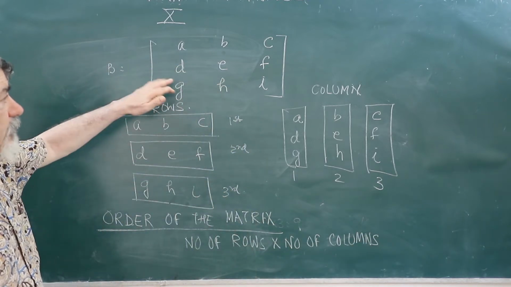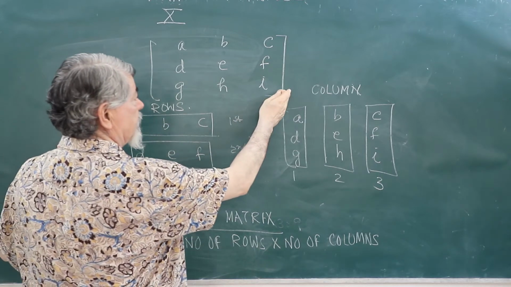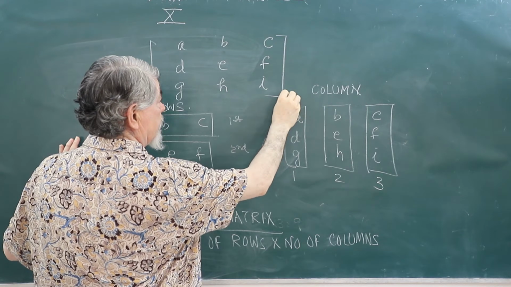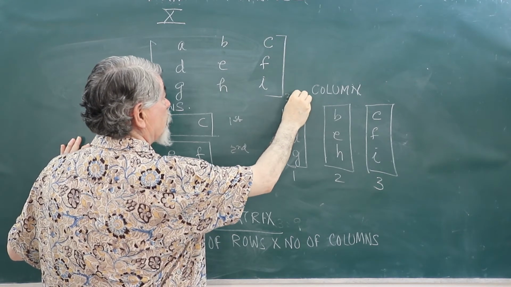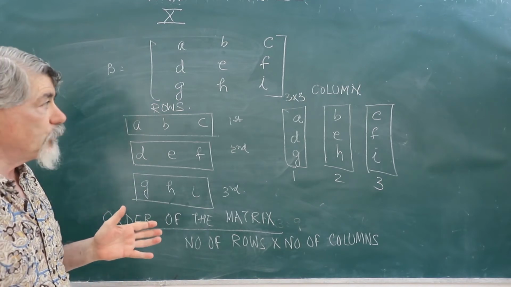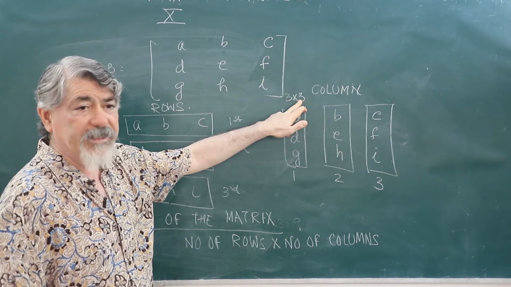The order of the matrix is always written at the bottom right of the matrix, like 3 into 3. We do not multiply, we do not write 9 here. We write only 3 into 3.